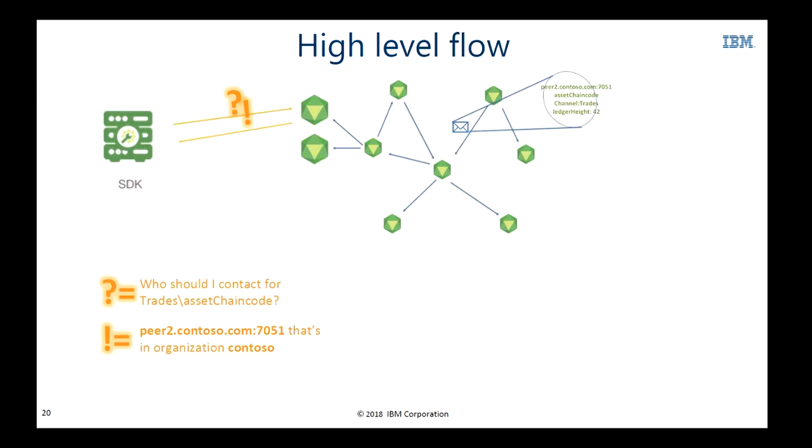Well, it doesn't, because all peers are committer peers, right? Unless they didn't join the channel. And all peers that are committing peers are by definition also eventing peers, because you can connect to the event service.